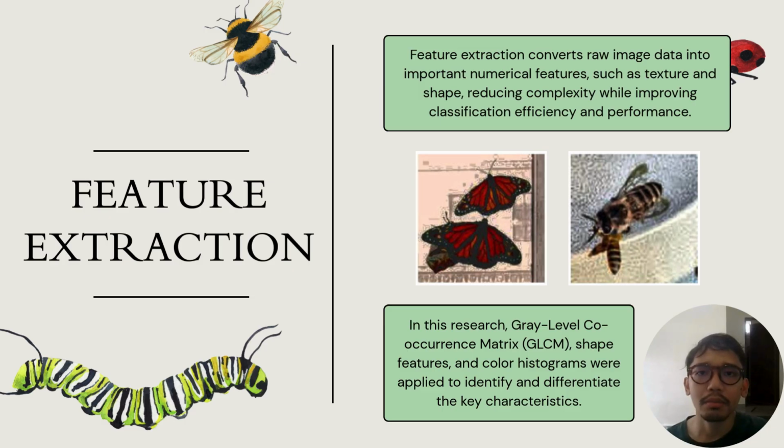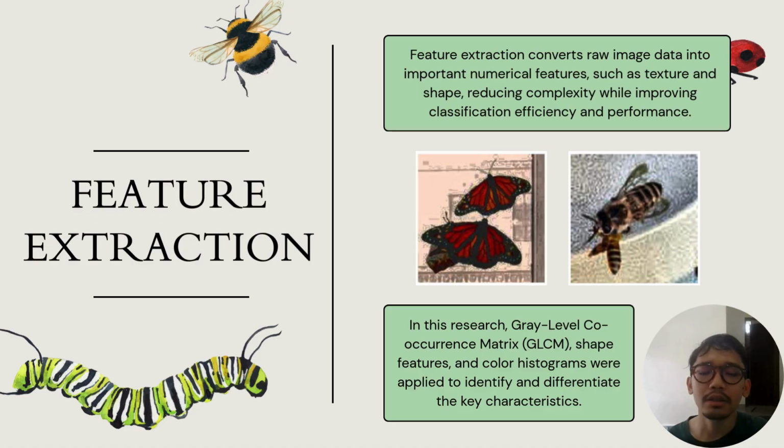Assalamualaikum, I'm Muhammad Imran bin Azni and I will be explaining feature extraction. It is the process of converting raw image data into meaningful numerical features such as texture, shape, and color. By doing this, we reduce data complexity while improving the efficiency and performance of image classification.